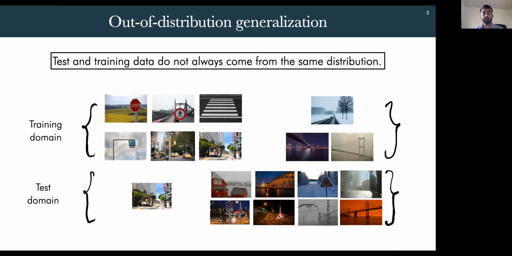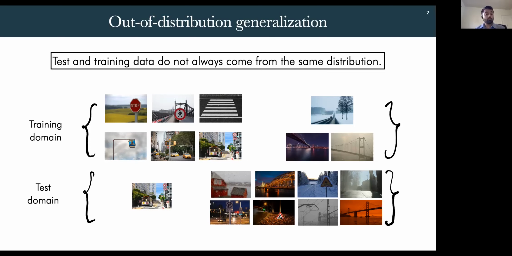But this is not really the case in practice. Most of the standard models that you train typically deteriorate drastically in performance when you see these kinds of distribution shifts. And you really want to solve them. And this work is about understanding why this sort of failure happens under distribution shift.